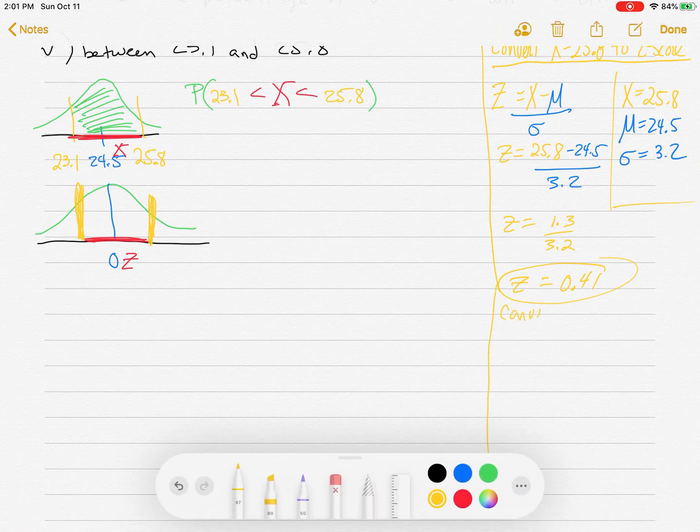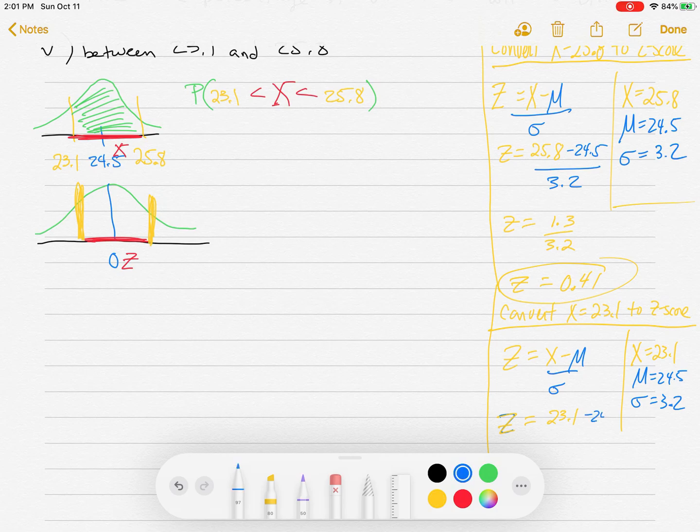All right, then you have to do the same thing for 23.1, your left bound. Convert X equals 23.1 to a Z-score. The same formula: Z equals X minus mu divided by sigma. This time X is 23.1. Mu is still the mean of 24.5 and sigma is still the standard deviation of 3.2.